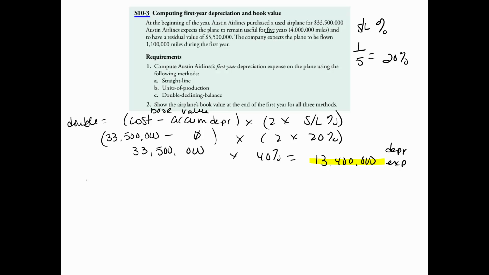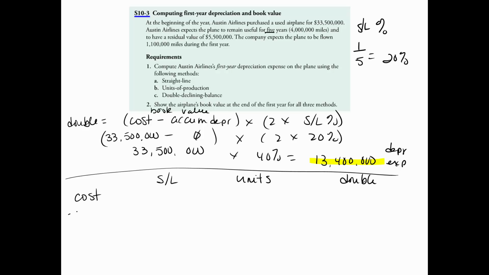And then the last one asks us to do a little comparison here. So we can compare straight line, units of production, and double declining, and they're asking us for the book value. So we would take the cost minus the accumulated depreciation after year 1 to get our book value. The cost is the same in all of them, right? 33.5.